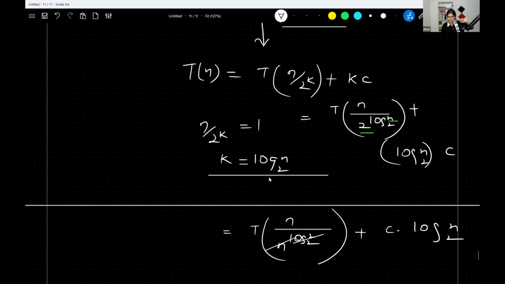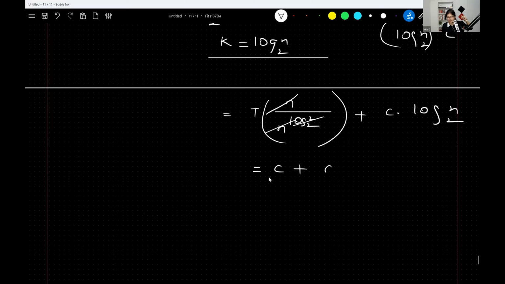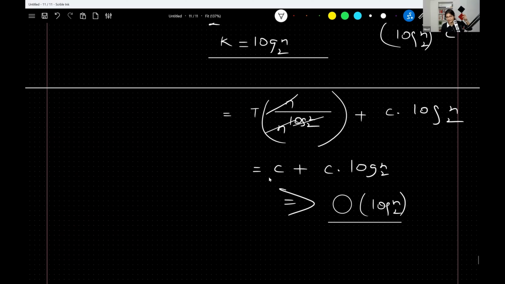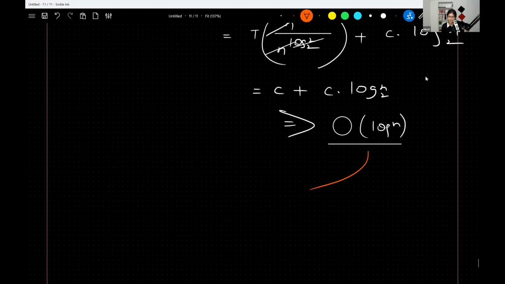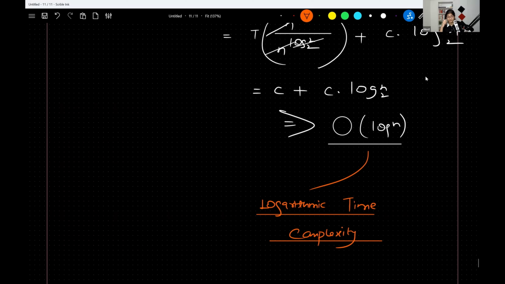This is 1. T of 1 is constant. Constant plus constant times log of n base 2. Overall complexity will become log of n base 2. In general, you can also write it as log of n only. So in general words, it is a logarithmic time complexity. Will you guys agree with me? It's a logarithmic time complexity. Yes, everyone?